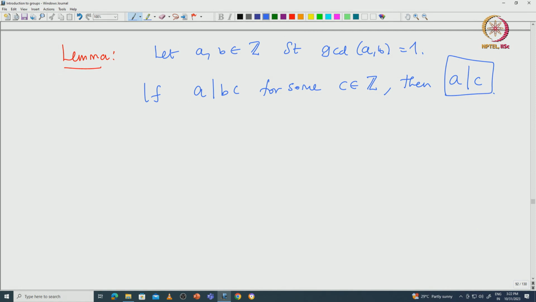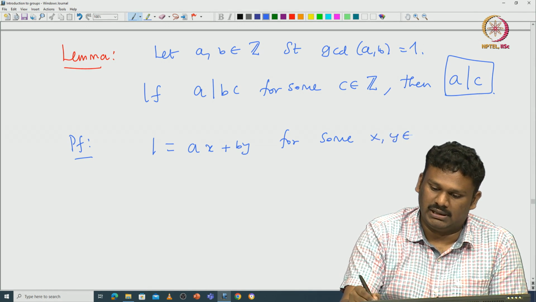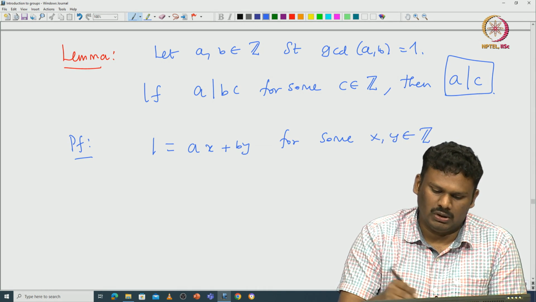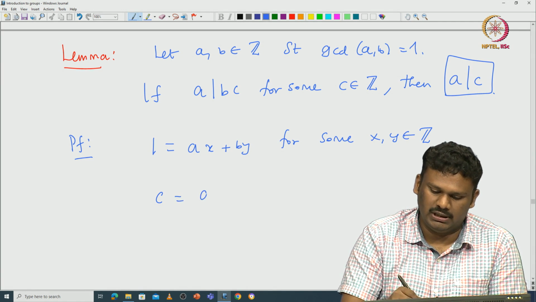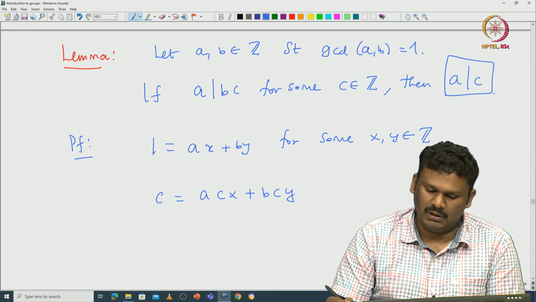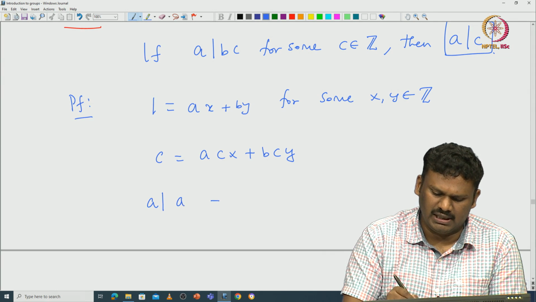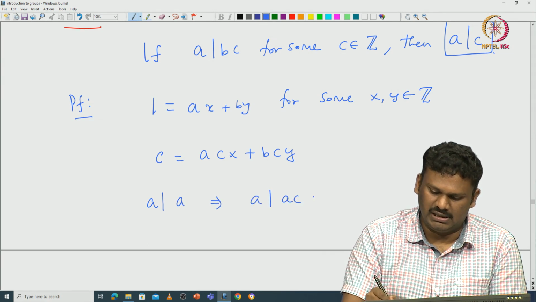So how does one prove this? Recall that the GCD of A comma B can be written as an integral linear combination of A and B. So in particular we can write 1 as AX plus BY for some x comma y inside integers. Okay. So now if you multiply by C on both sides, you get C equals ACX plus BCY. Now note that A divides A, so A divides ACX.